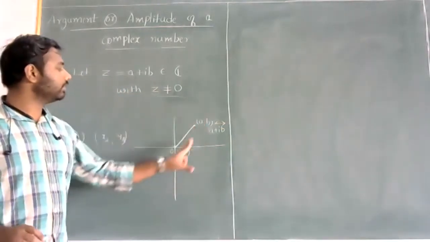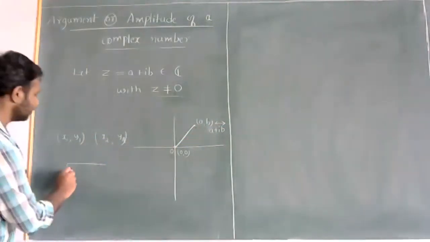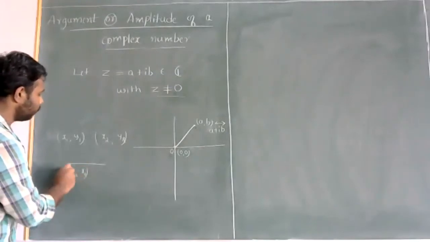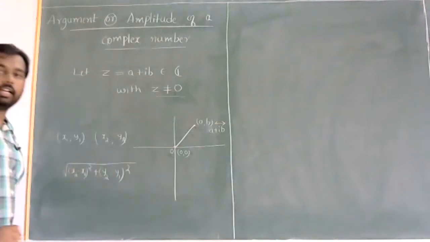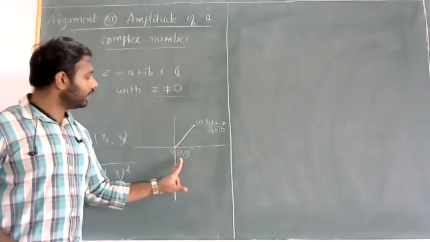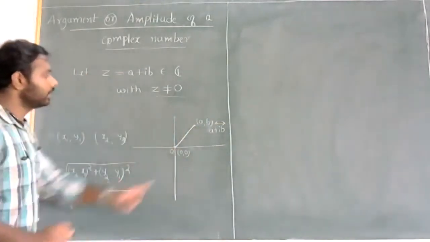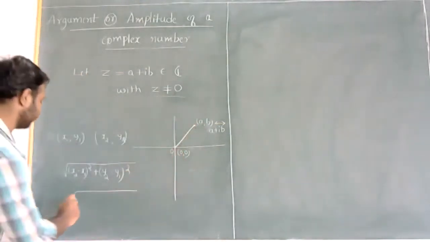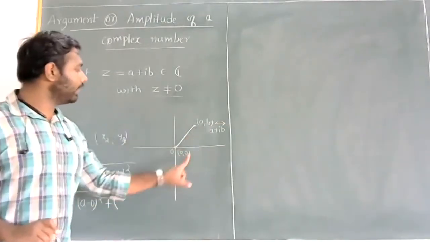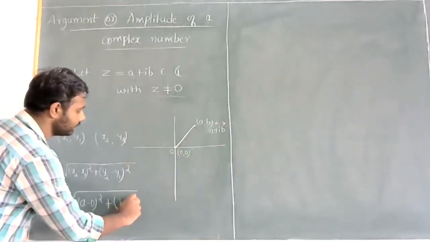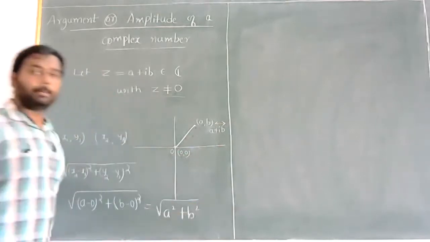So the distance will be the square root of a minus 0 whole square plus b minus 0 whole square, that is, the square root of a square plus b square.